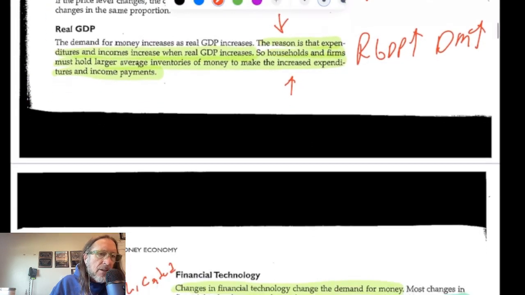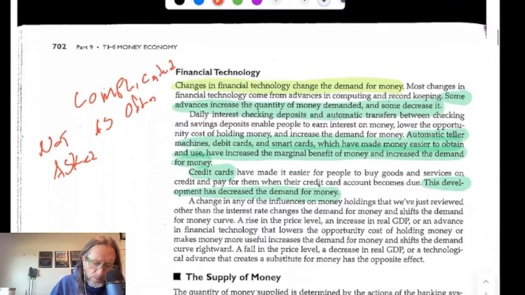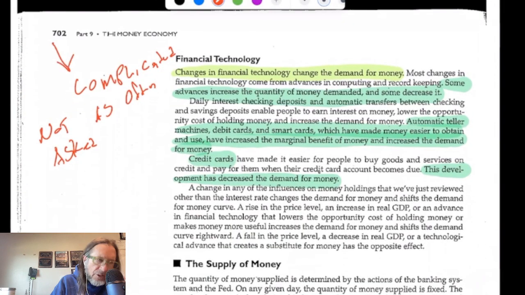The financial technology is more complicated, and we won't see these questions too often because of the complication. The idea is that as we increase our technological abilities and create ways of banking that don't require us to keep money out of the bank, for instance, credit cards help us just to buy things quickly, and then we make the payments.